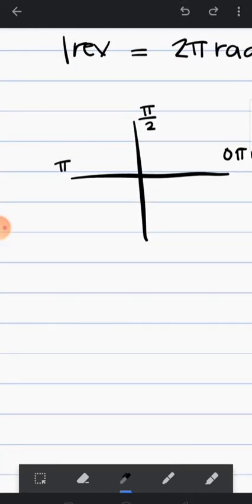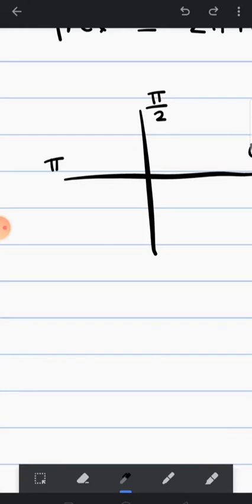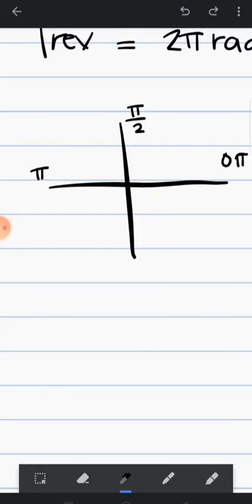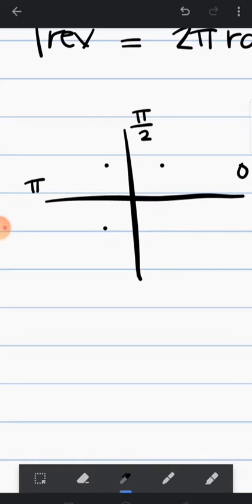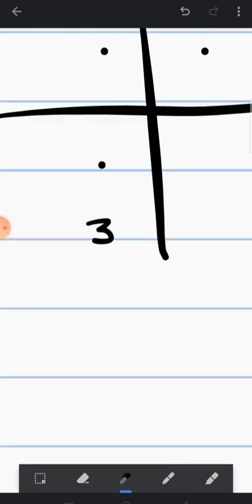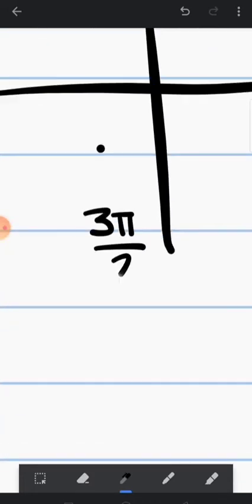And then if you count 3 quadrants to the left, or counterclockwise, you'll get 1, 2, 3. And this here below is 3 pi over 2.